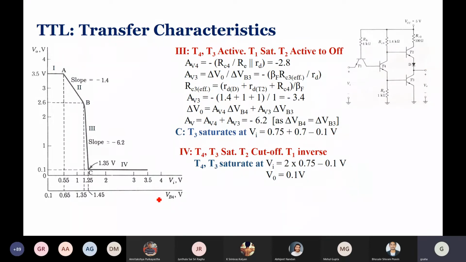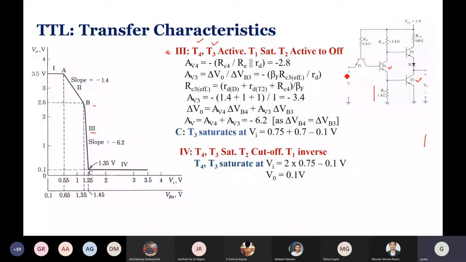Next we go to what is called region 3. So this is region 3. Okay. As you understand, because the current flow here has increased to a level beyond point B over here, this is also turning on, right? So in this region, this T4 and T3 both are active.